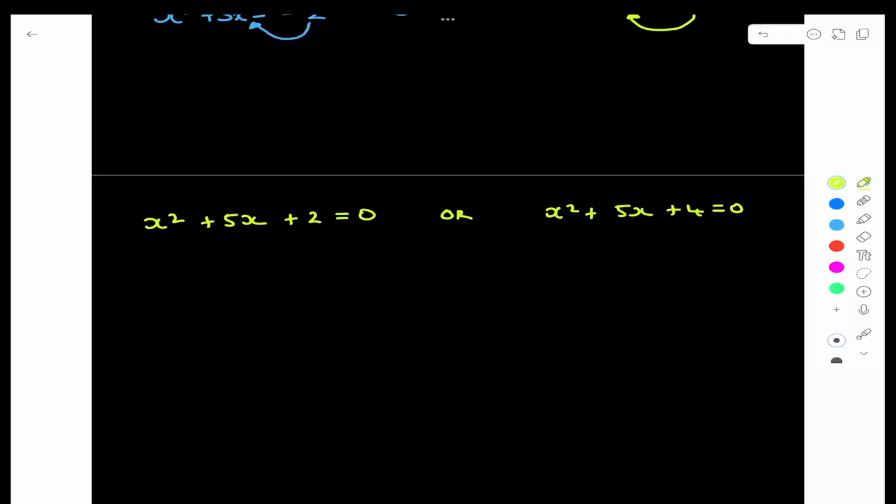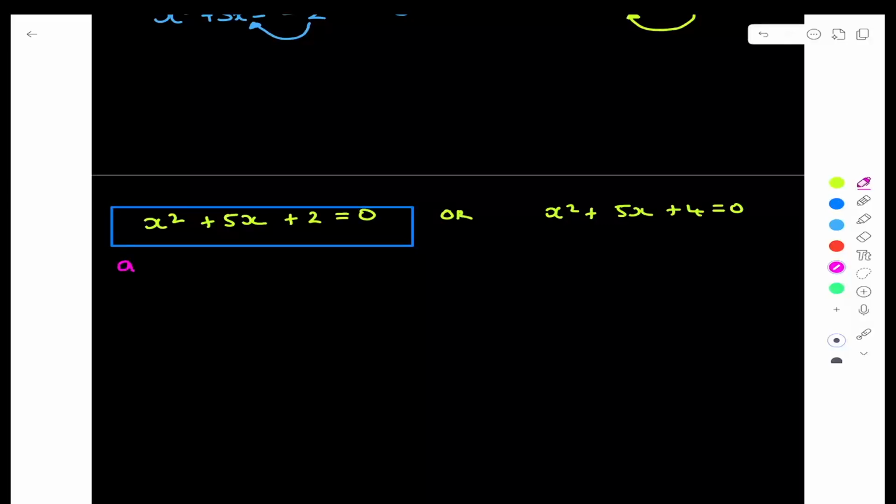So let's work with this one first. Can we factorize this? We can't, because there are no factors of 2 that are going to add together to give me 5x. So let's use the quadratic formula.